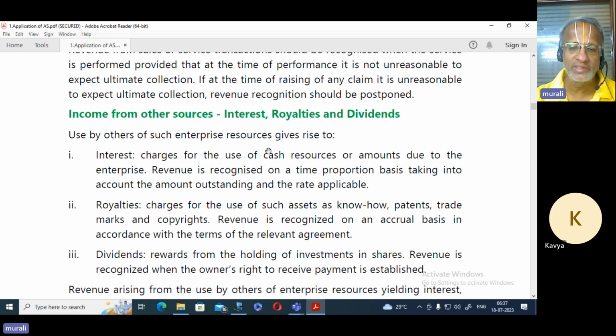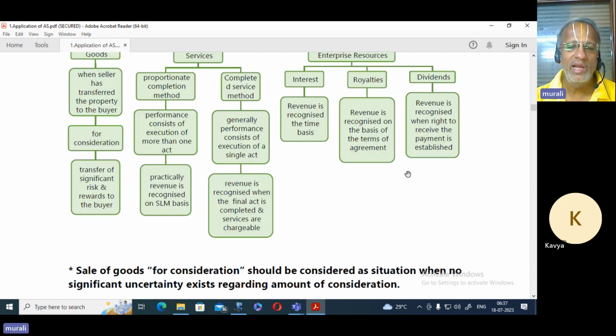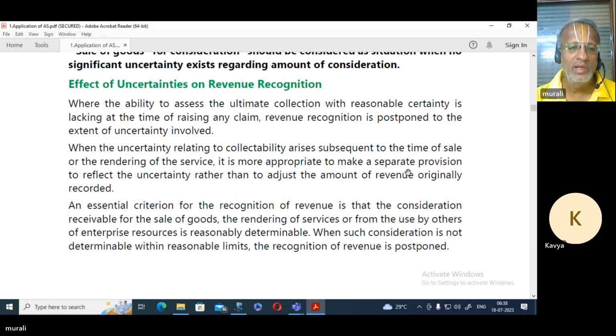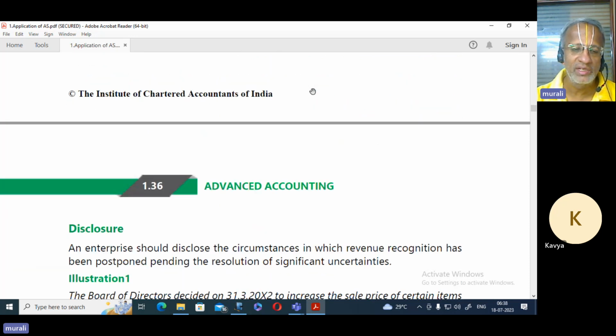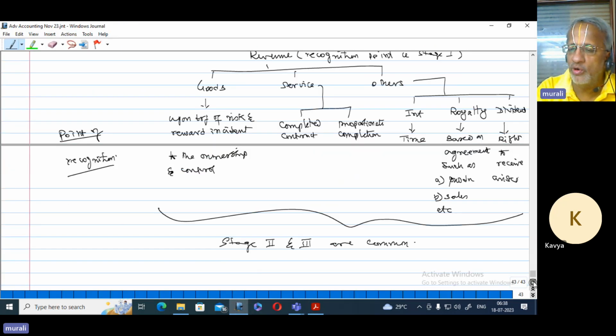Income from other sources is on a time basis, and in the case of royalties, based on the agreement. Dividends, where the owner's right to receive the payment is established. And when there is an uncertainty associated with that after recognition, we are expected to provide for that. Now that particular point we are going to discuss.